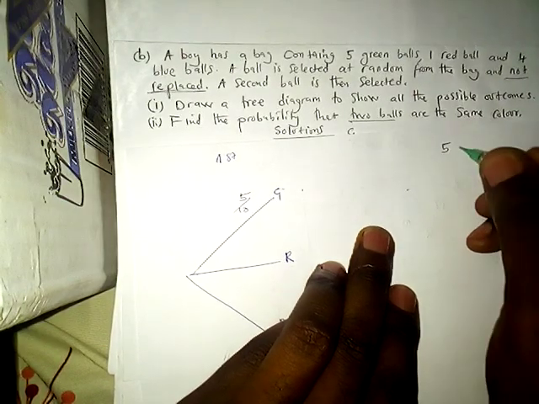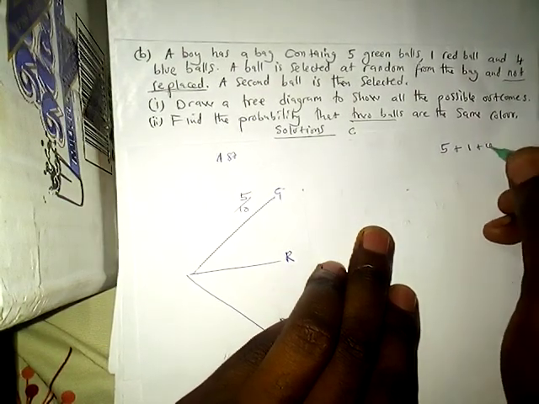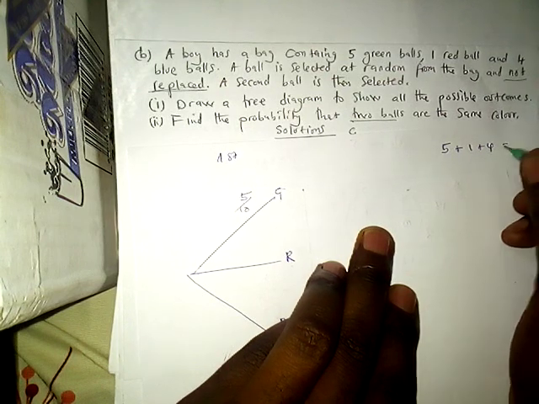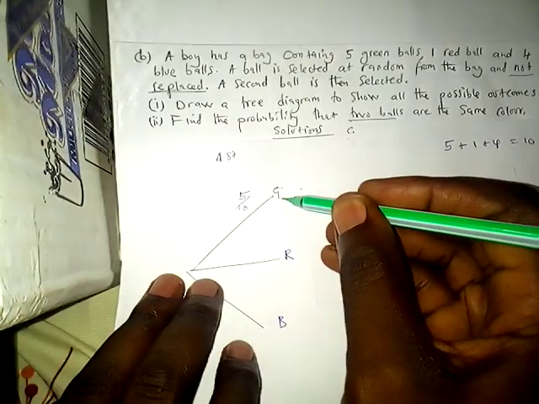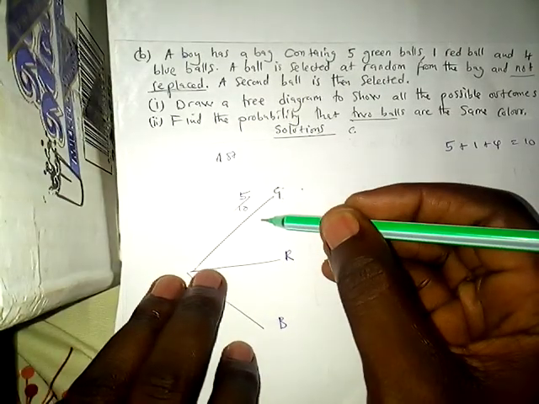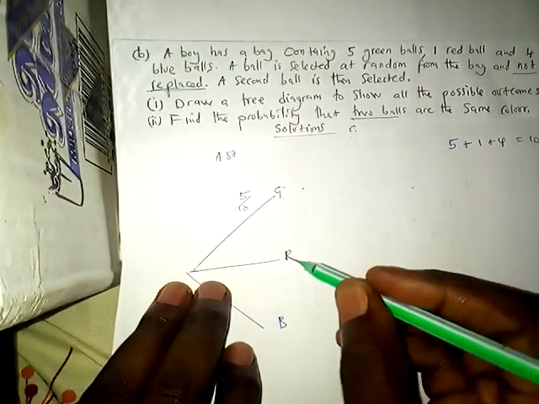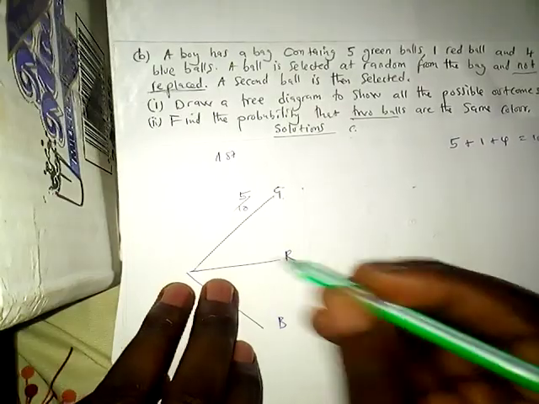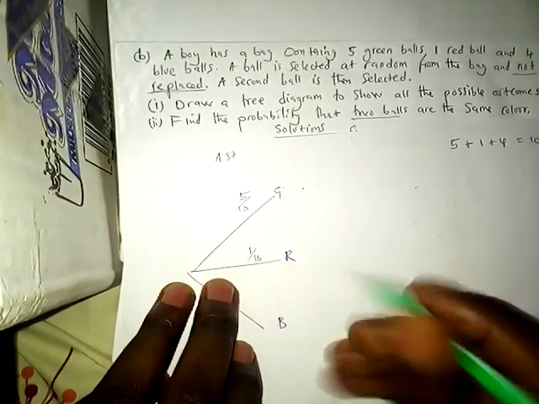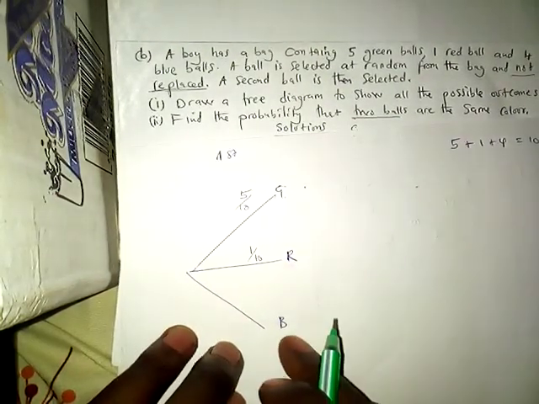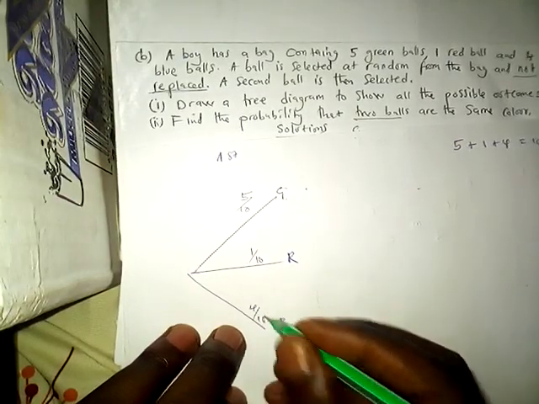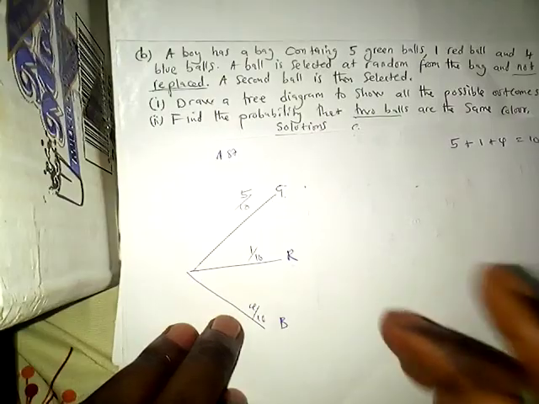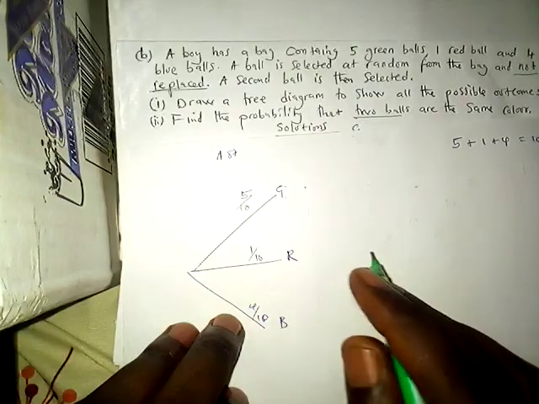So you simply add 5 plus 1 plus 4. This will give us 10. So probability of getting a green ball in the first selection will be 5/10. Probability of getting a red ball will be 1/10, and that of getting a blue ball will be 4/10. That is for the first selection.